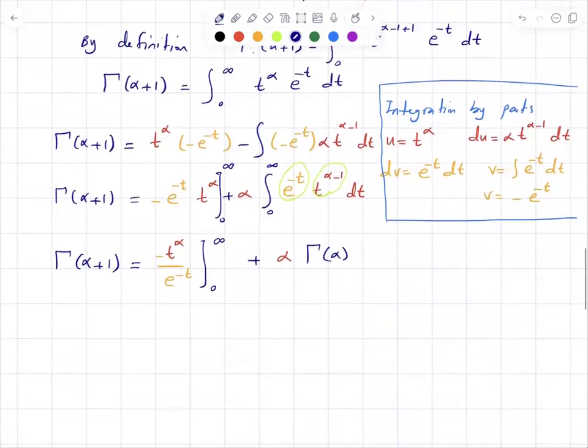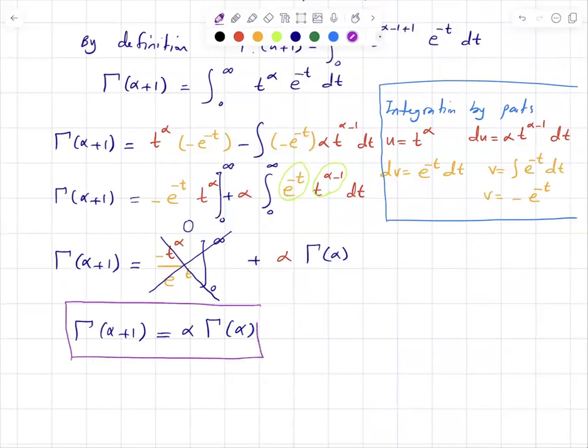If you plug in infinity here, this should be a positive sign because it is put in the denominator. So e to power t goes to infinity much faster than t to power alpha. And if you plug in 0, it is going to be 0. So this quantity is 0. So we just showed that the gamma of alpha plus 1 is equal to alpha times gamma of alpha. We showed the relation for the gamma function.